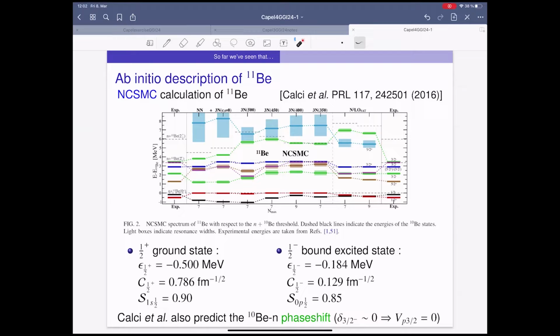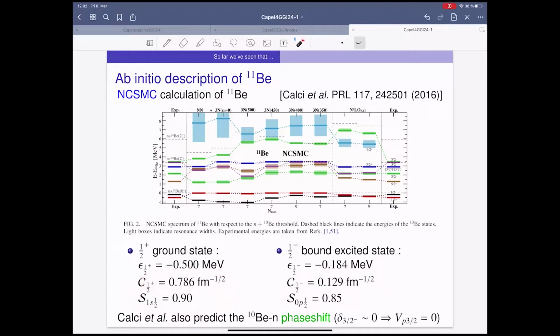This is probably one of the most advanced calculations of beryllium-11 that exists so far. They predict the binding energy for the two nuclei, well, they tweaked it a little bit to reproduce that correctly. Won't go into the detail, but they predict spectroscopic factors, and they predict ANCs.